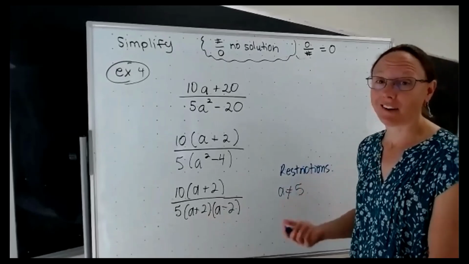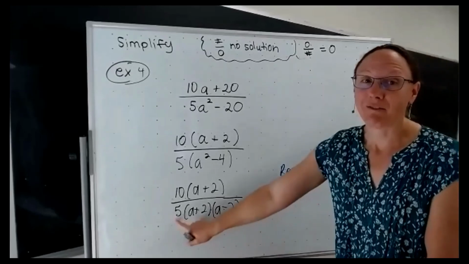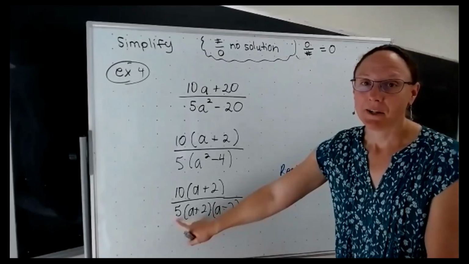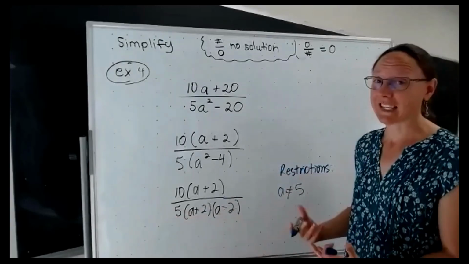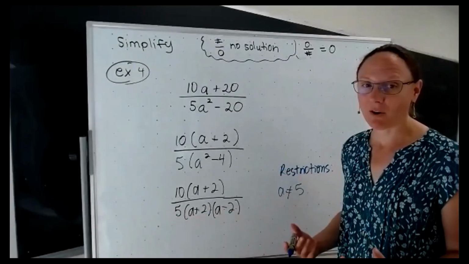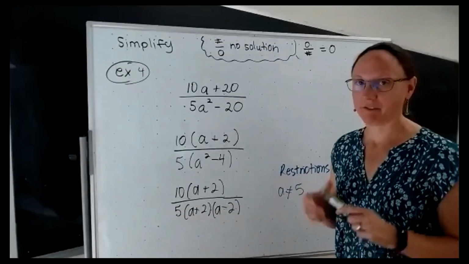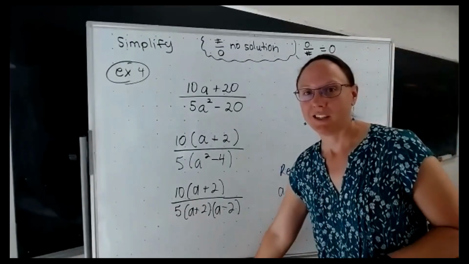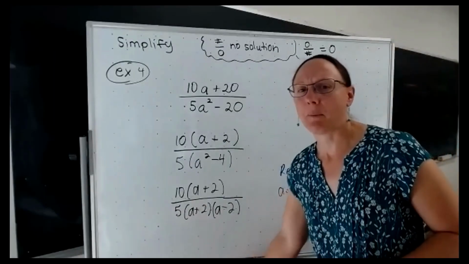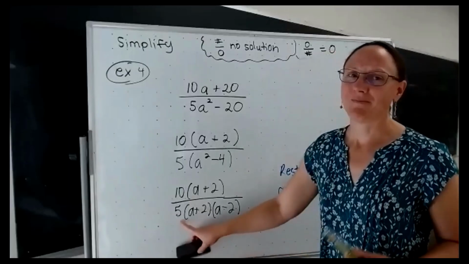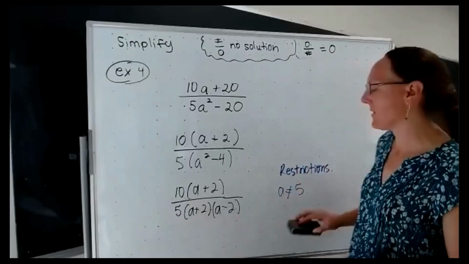And I see it happen a lot because there's this 5 in the denominator. But what that 5 is saying, if we tried to set this equal to 0, would be that 5 is equal to 0, not that something is happening with a. And you know what? 5 is never equal to 0, so we don't have to worry about it.